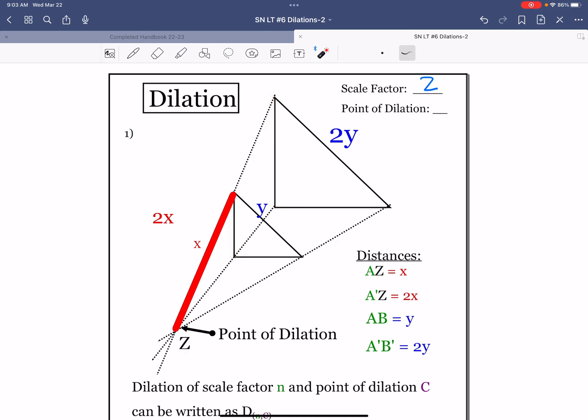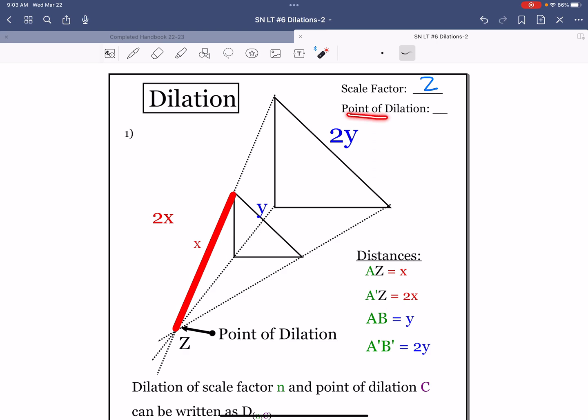Just like we did in Unit 7 with similar figures, we are going to find that the sides are proportional. And the scale factor we get with the sides is the scale factor we're using in a dilation, because a dilation is going to enlarge or reduce the figure. If your dilation is a scale factor of 1, that means that it's a congruent figure. You have the same lengths for each side.